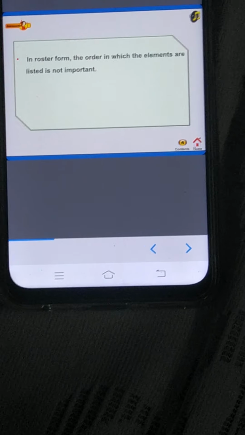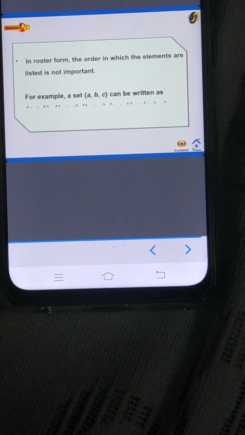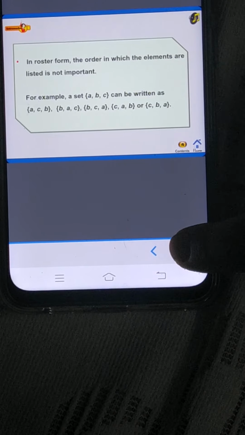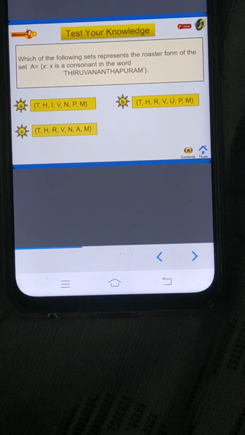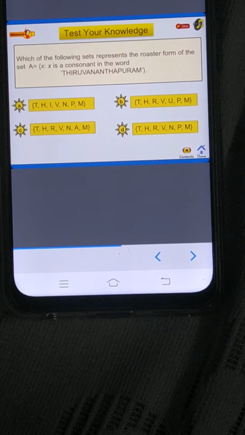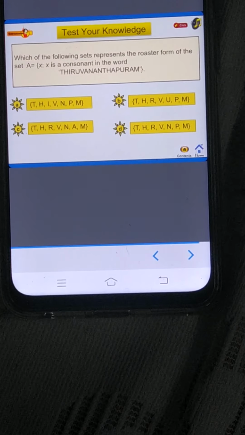In roster form, the order in which the elements are listed is not important. Which of the following sets represents the roster form of the set A, which consists all the consonants in the word Thiruvananthapuram?